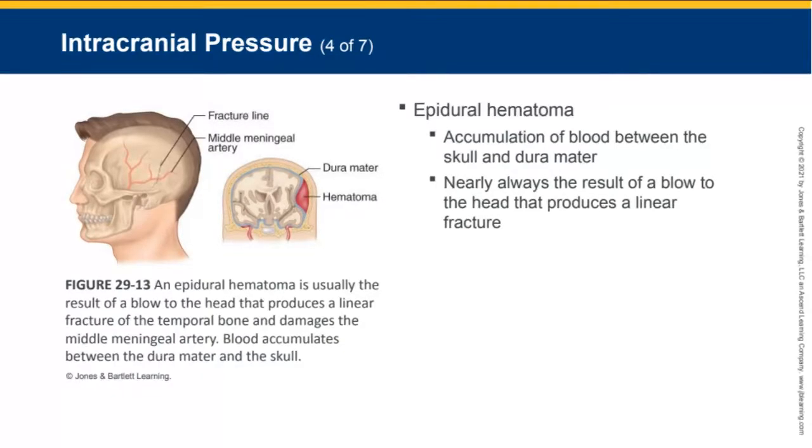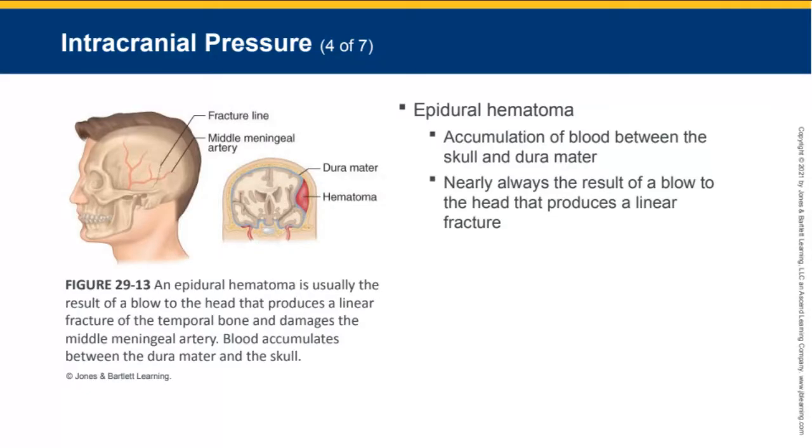So epidural hematoma is the accumulation of blood between the skull and the dura mater. It's nearly always the result of a blow to the head that produces a linear fracture, and it's going to be an artery that is bleeding. So this patient who gets an epidural hematoma is going to get hit in the head.